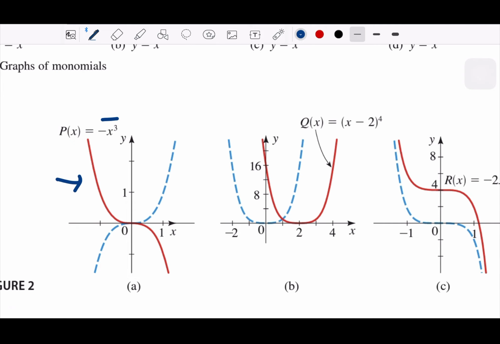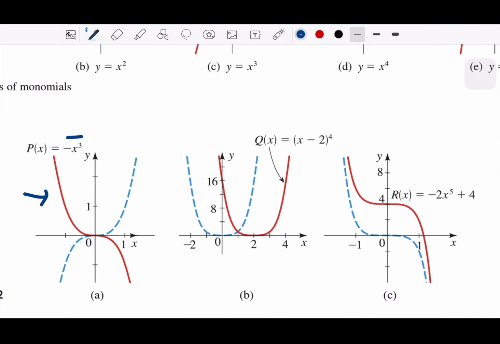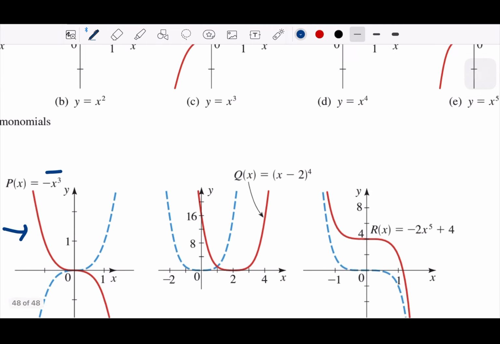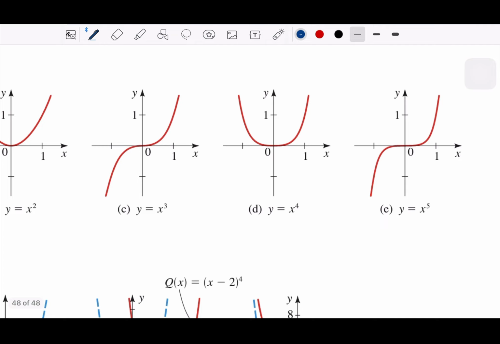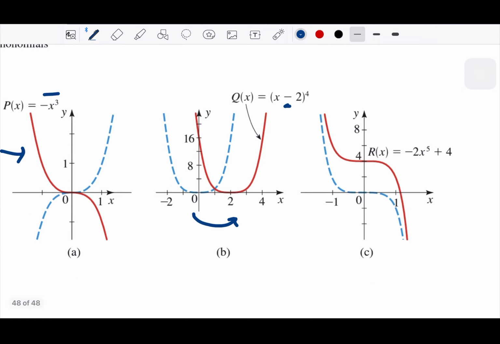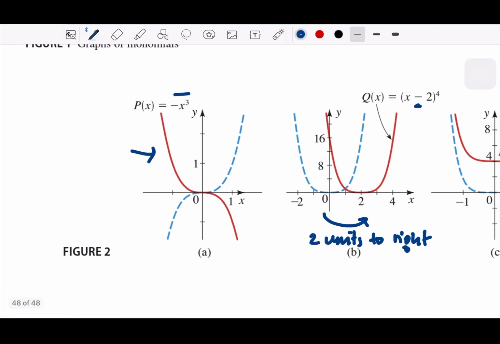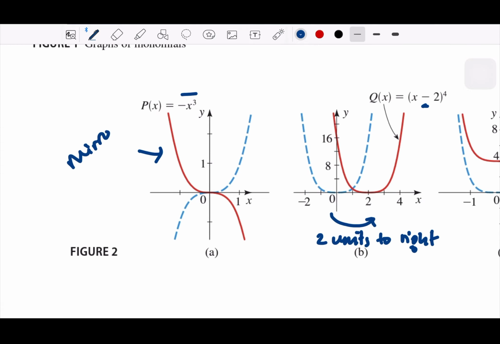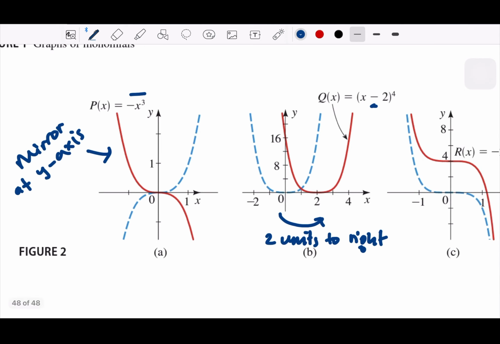In the same way, if we have (x minus 2) to the power of 4, we look at x to the power of 4, and because it's negative, we shift it to the right 2 units, and this is mirrored at the y-axis.